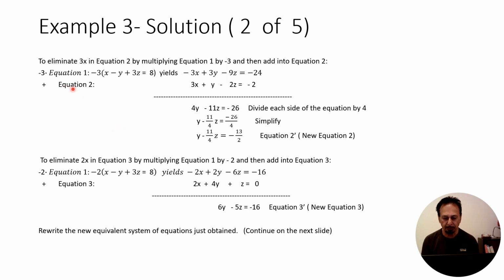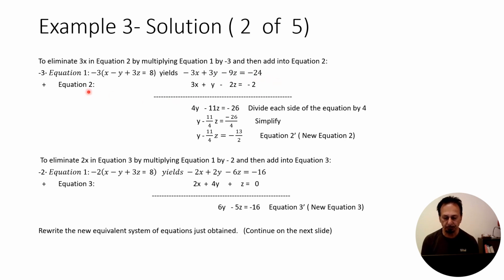So to eliminate 3x in equation 2, we multiply equation 1 by minus 3 and then add it to equation 2. So here we have minus 3 times equation 1, which is x minus y plus 3z equals 8. So you get minus 3x plus 3y minus 9z equals minus 24.